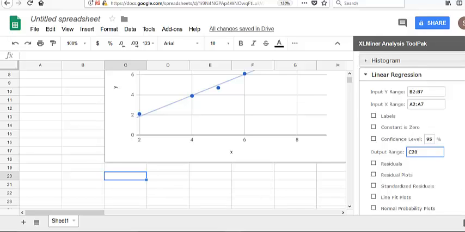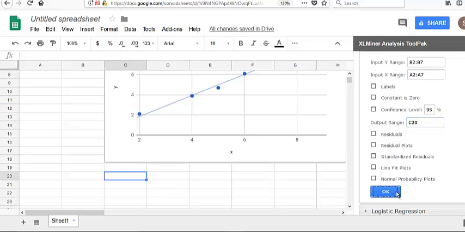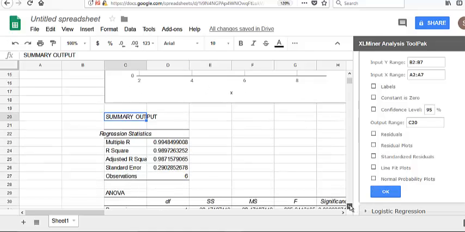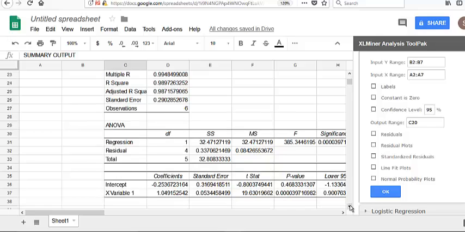So we just put the input range in, where we want the output information, and say OK. So that's the data. We got a lot more data than we need, but the key thing is, here's the equation.